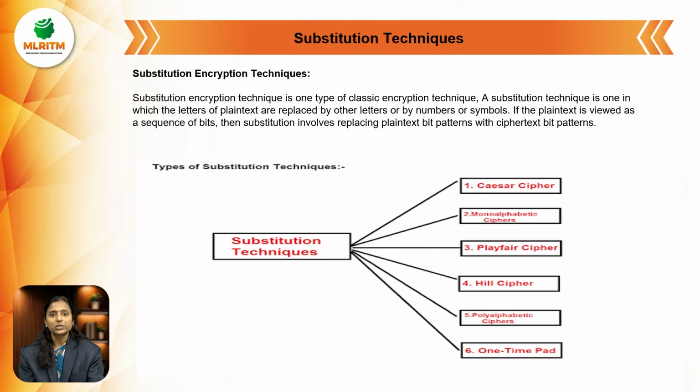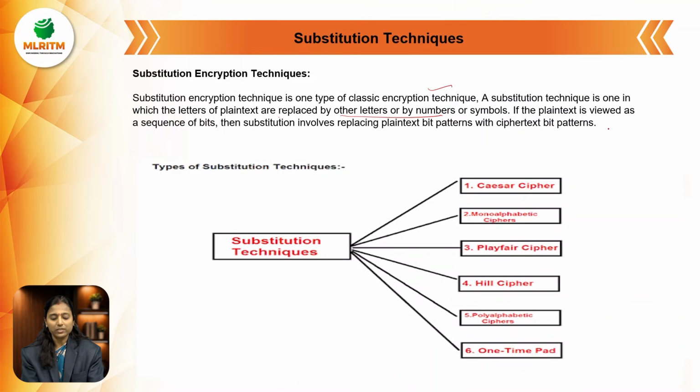Now we will go for the substitution techniques. The substitution encryption technique is one of the classic encryption techniques, in which the letters of plain text are replaced by other letters or by numbers or symbols.